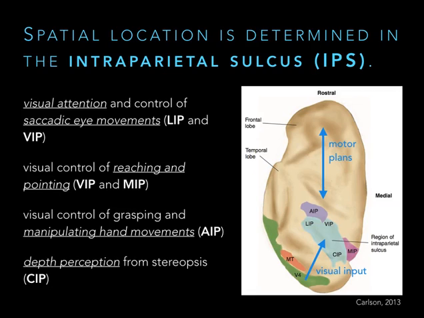We can also control the movement of our hands and pointing with the ventral, medial, and anterior intraparietal sulci. Then the depth perception really comes from activity in the caudal intraparietal sulcus. This is really where we determine is something in front or behind of where I'm looking based on the retinal disparity.